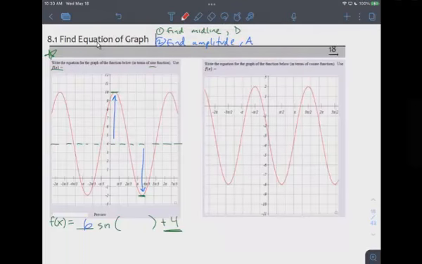Okay, the next thing you're going to do is find the period. Since I have a clear point where the graph passes the midline, and we're using sine, remember that the sine graph, when you're plotting the points, starts at the midline, then a maximum, then the midline, then the minimum, and then back to the midline.